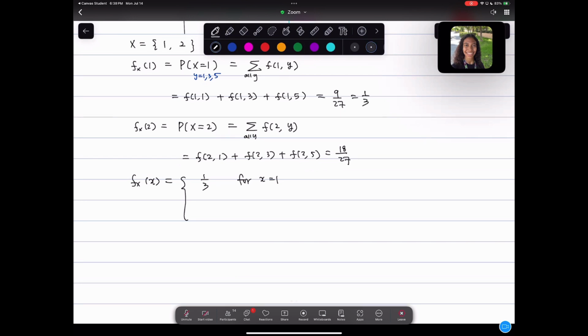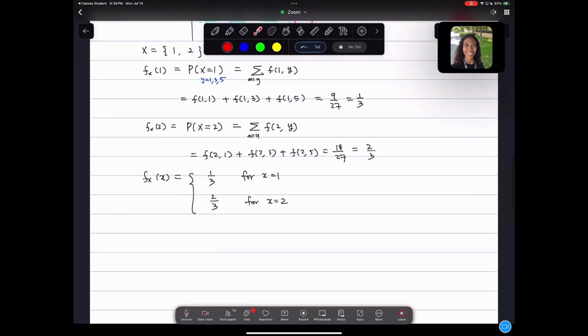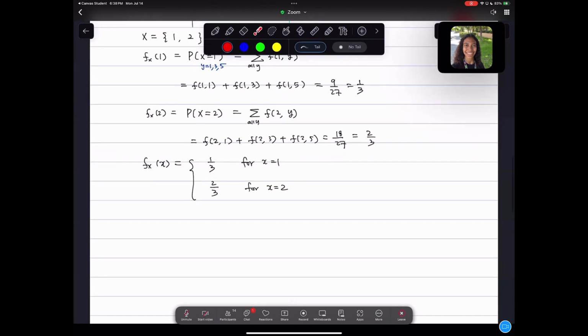And when x equals 2, it's 2/3. And 0 otherwise. So this is called the marginal PMF of x. So when I add these two numbers, it must be 1 also. So simple as this is a marginal. Are we okay so far?